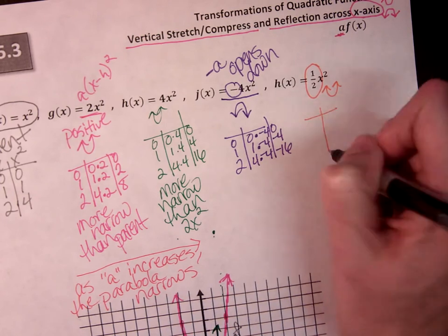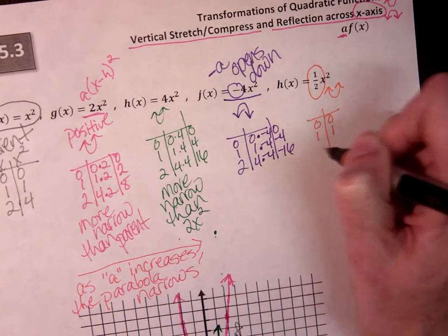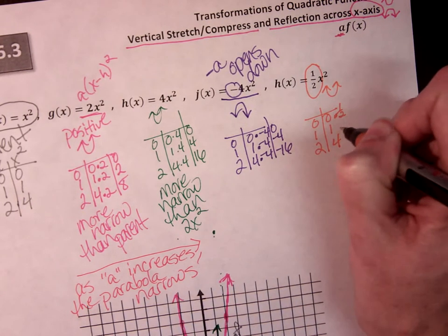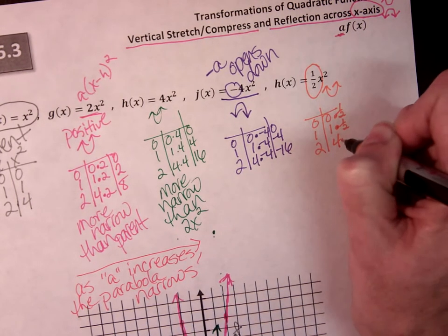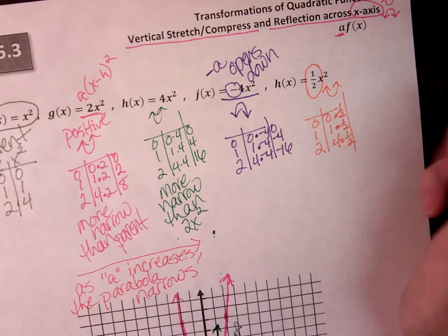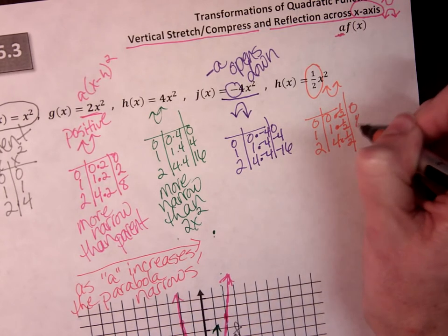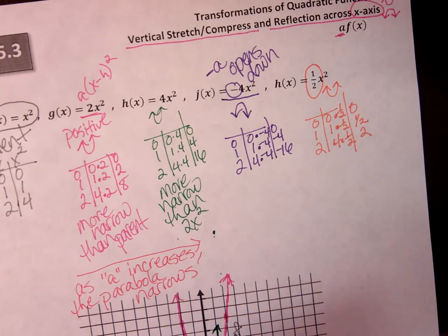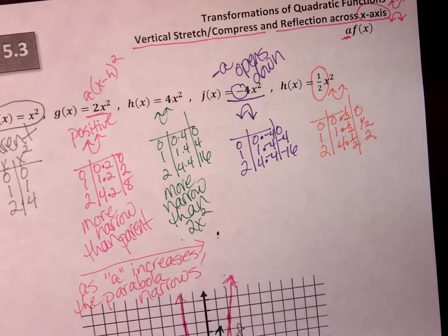When I set up my table, I still multiply by 1/2. So I get 0, 1/2. 4 times 1/2 is 2. So when I come in here to draw it and I go over 1, I'm only going to come up 1/2. And when I go over 2, I'm only going up 2.